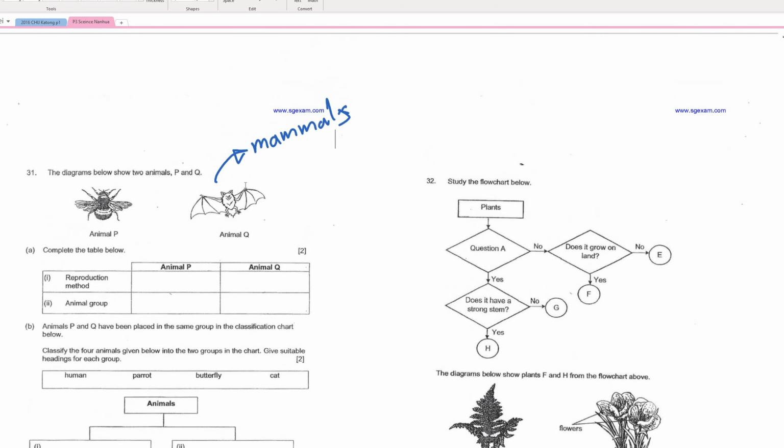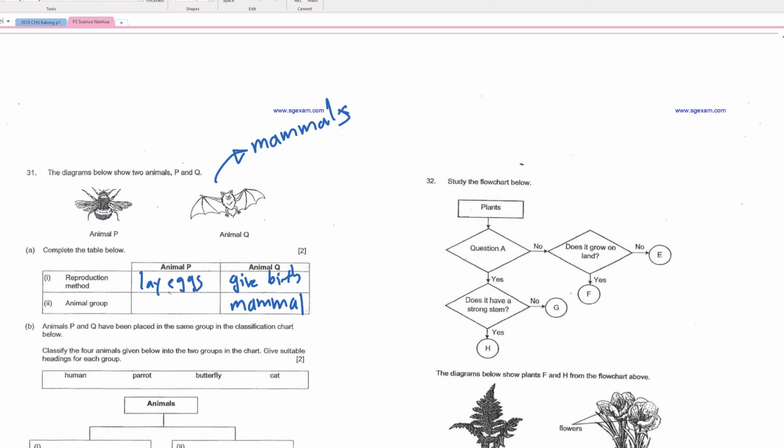Because we know that bats are actually mammals, they give birth, and the animal group is mammal. Only mammals give birth.